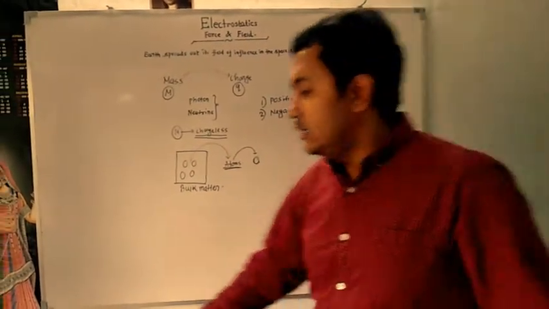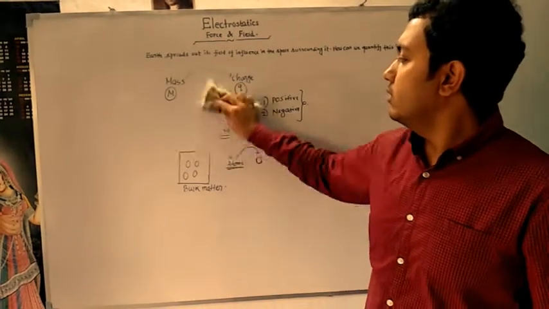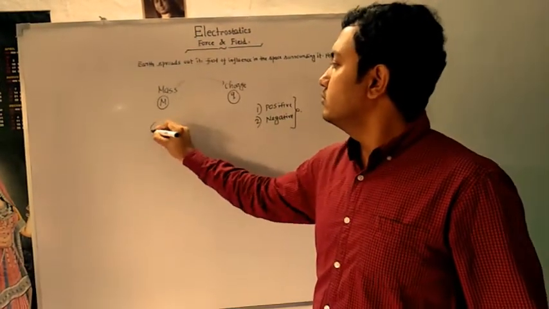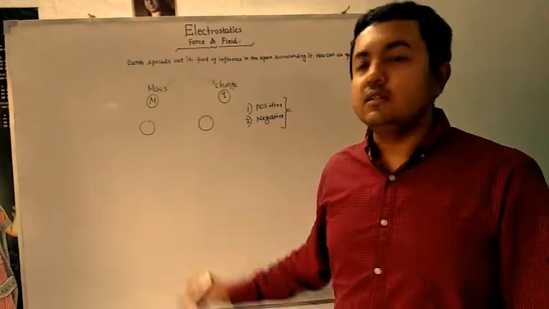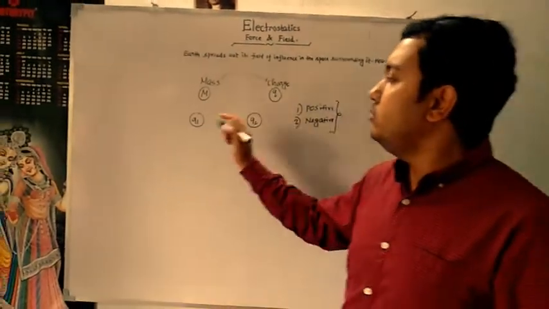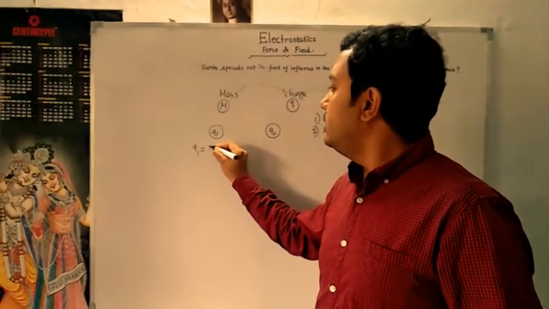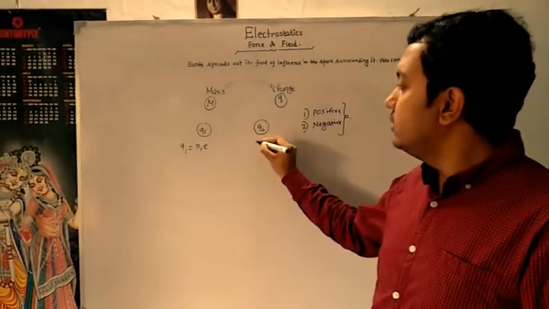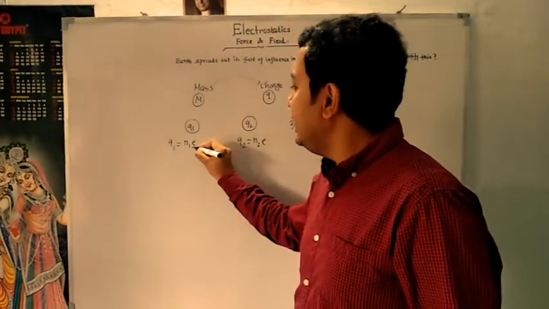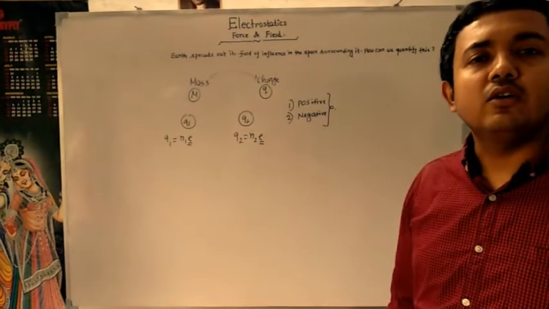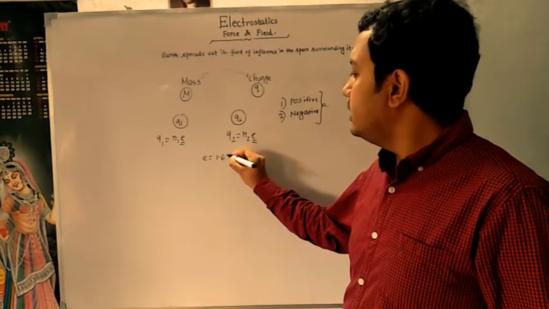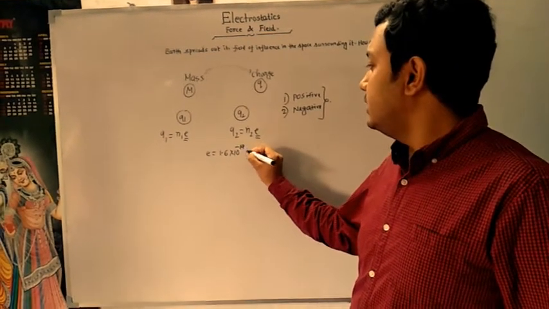Now we consider two bodies of charge Q1 and Q2. We can write the amount of charge Q1 is equal to N1 e and Q2 is equal to N2 e, where e is the basic unit called the electronic charge. e is equal to 1.6 times 10 to the power minus 19 coulomb.